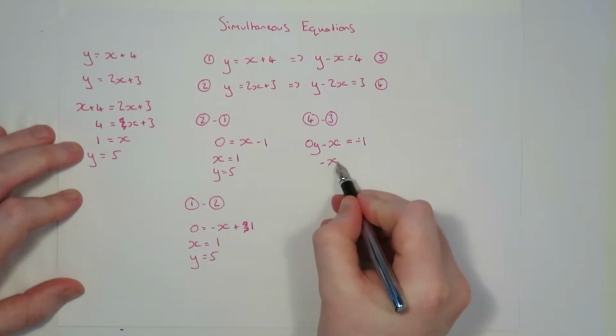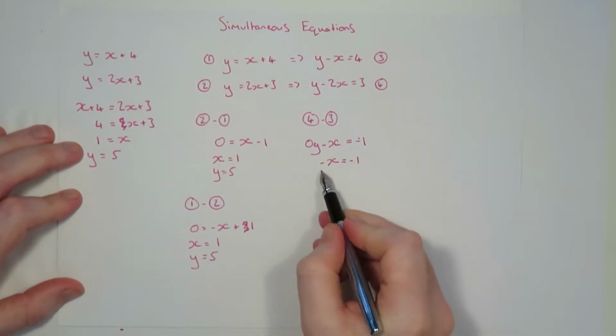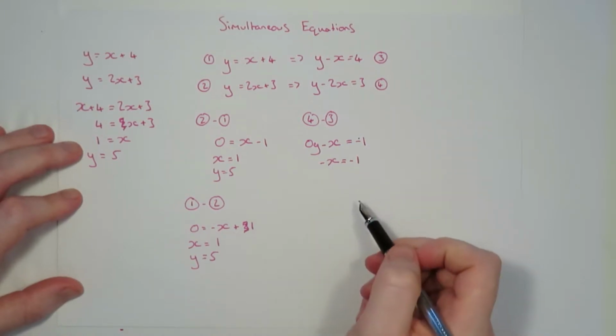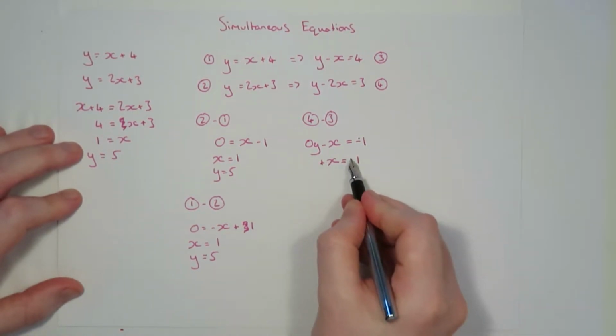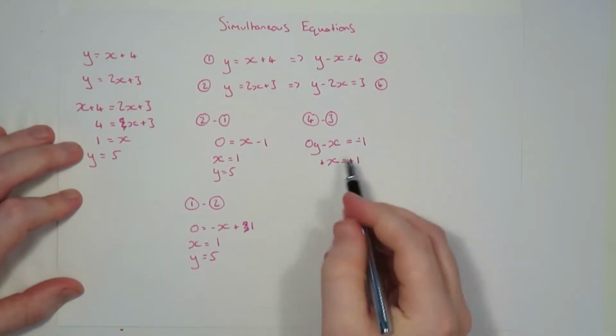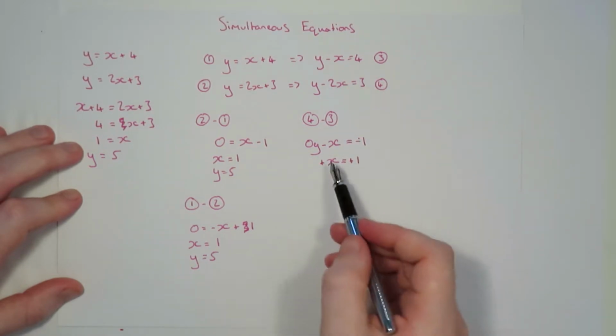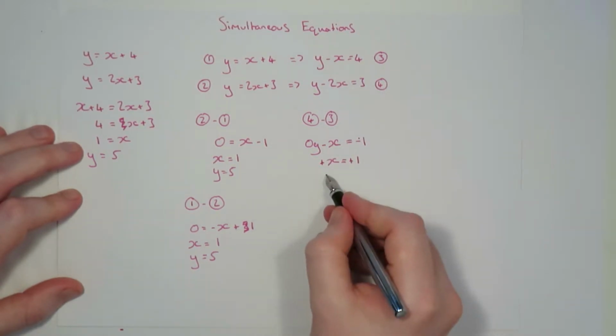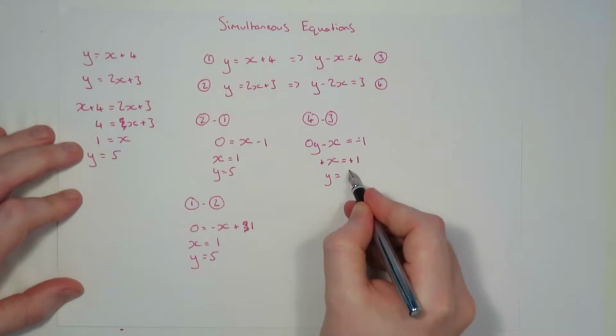So here we have minus x equals minus 1. You can times both sides here by negative 1, they will both become positive, so x is equal to 1. And then you can substitute that into one of your equations there, and you'll work out that y is equal to 5.